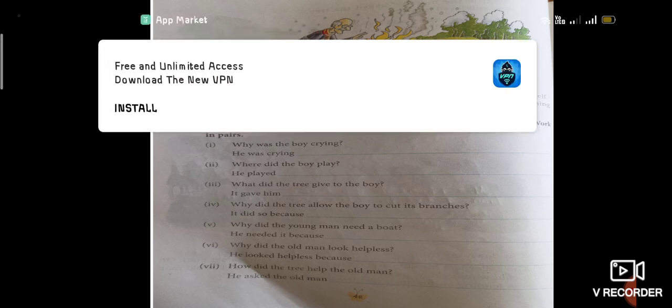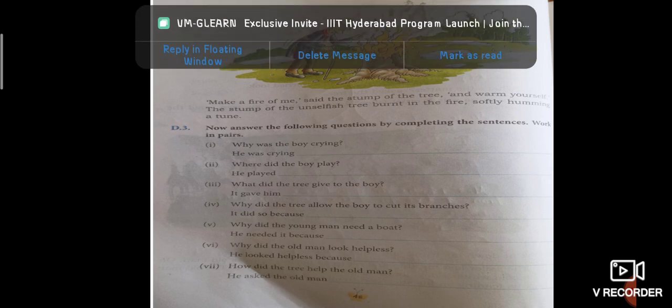Yes. Why did the young man need a boat? Because his owner was very harsh, so he was in need of a new boat. Why did the old man look helpless? The old man looked helpless because even for him no one was there to take care of him.